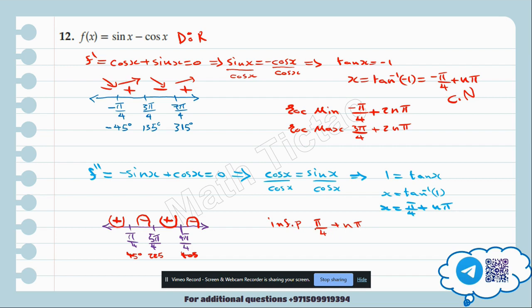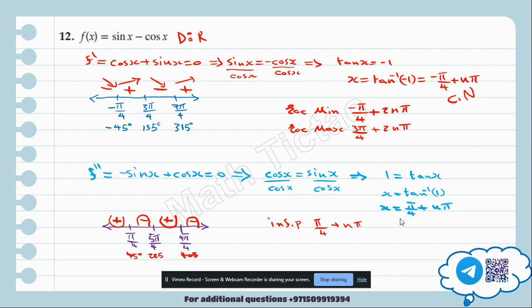Okay, so we can substitute any value. Pi over 4, for example, you can substitute in the function to find the inflection point. So directly you can find the value. You can find the next inflection point, which is at 5 pi over 4, substitute it in the function and find the value of that.